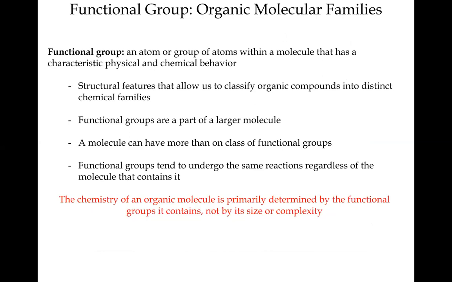And the way that we classify these molecules and name them is based on the functional groups that make up those molecules. And a functional group is an atom, or most commonly groups of atoms within a molecule that has a specific characteristic, okay, physically and chemically. And so that's what we use to classify these organic compounds into distinct families.